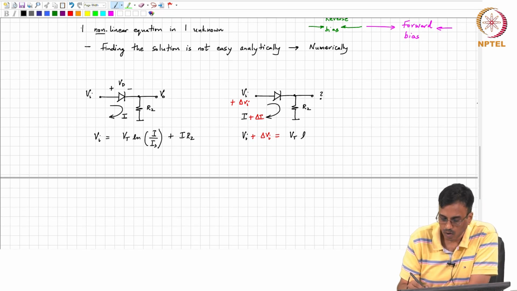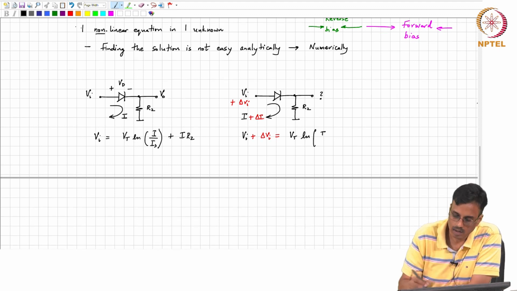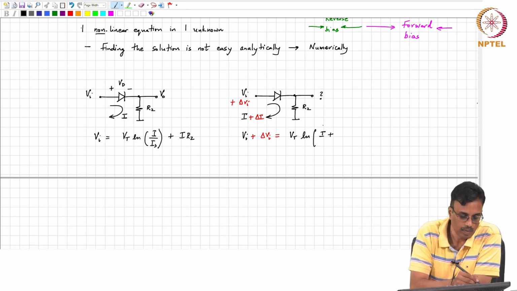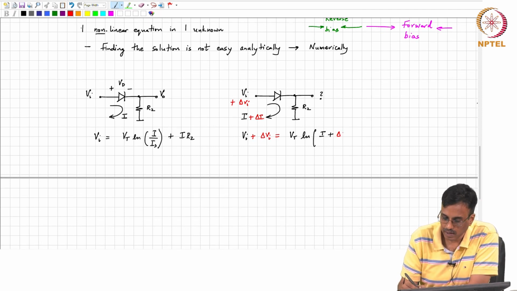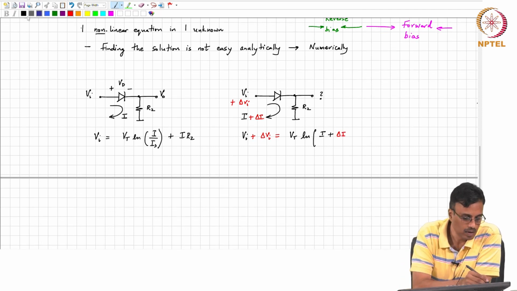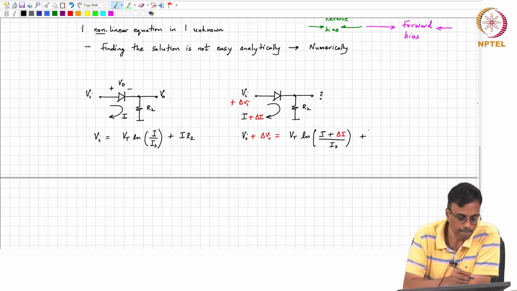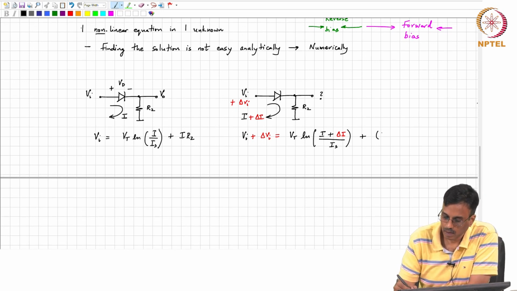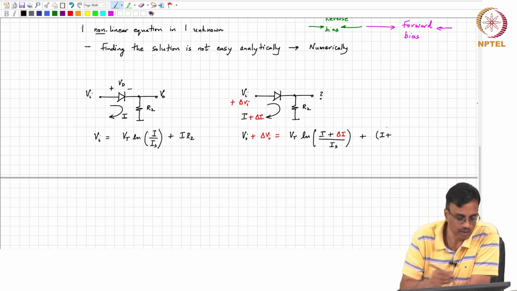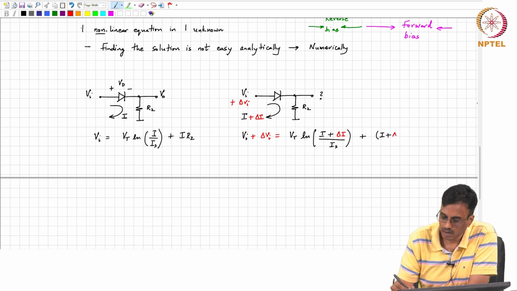Vt log of (I plus delta I) over Is, plus (I plus delta I) times R2.